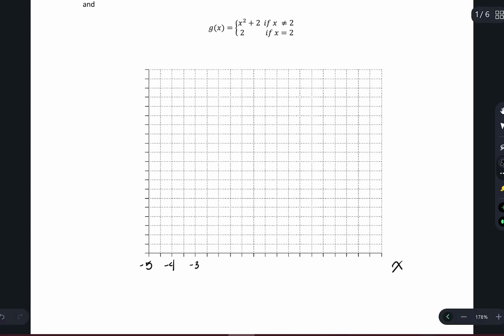So I'm going to go ahead and draw those in. And then on the y-axis, I'm going to have either f of x or g of x, depending on which line I'm drawing. Here each of the tick marks is going to go up by 2.